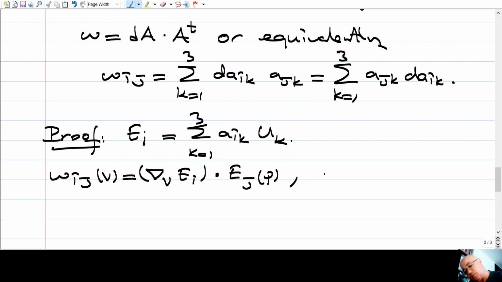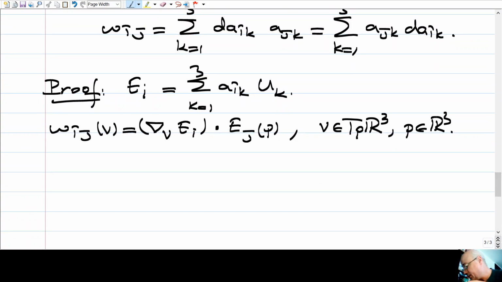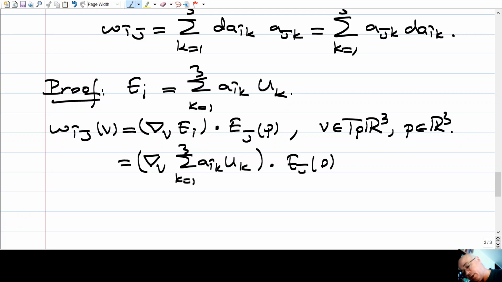Here, v is a vector in the tangent space of R3 and p is any point. Okay. Well, this can be written like this. So covariant derivative of, instead of Ei, I will write its expansion in this standard frame, k from 1 to 3. So I'll just take the derivative of this and then the product with Ej(p).